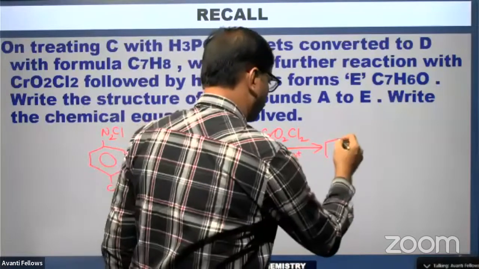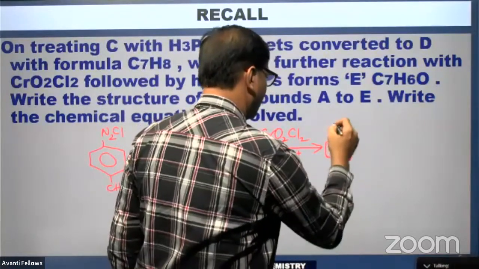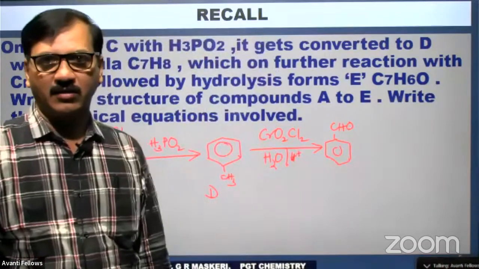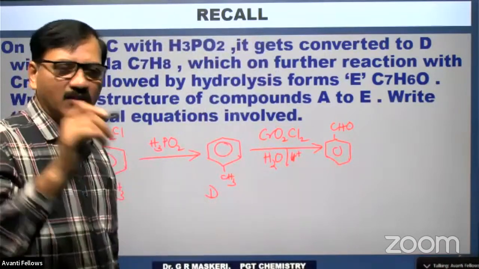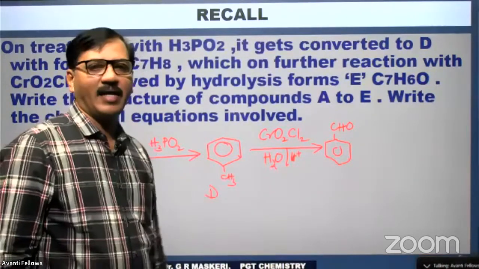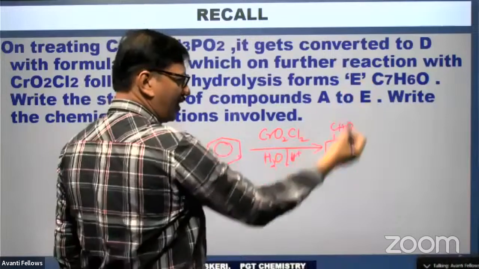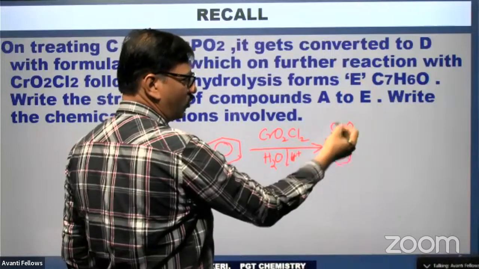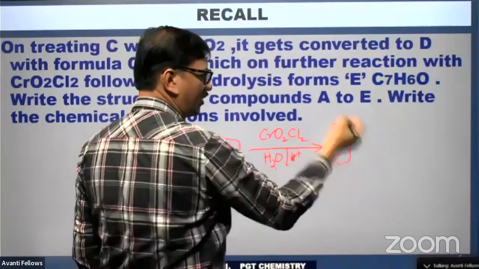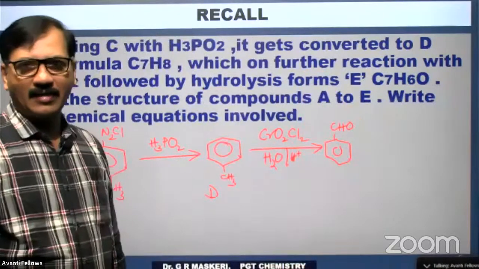And this is the Etard reaction also. This is Etard reagent, Etard reaction. In that way, it is written in small letters in the textbook. So whether it matches or not: C7, C6 plus 1, C7 is okay. H6, H5 plus 1, 6, okay. Oxygen 1. So that it tallies.